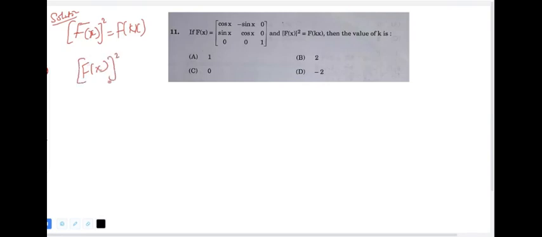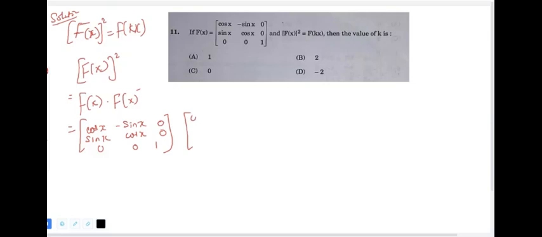F of x whole square will be f of x into f of x, that is [cos x, minus sin x, 0; sin x, cos x, 0; 0, 0, 1] into [cos x, minus sin x, 0; sin x, cos x, 0; 0, 0, 1].